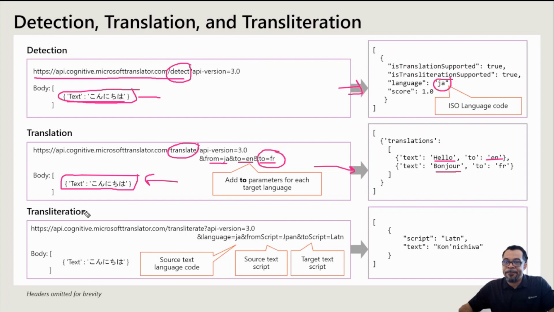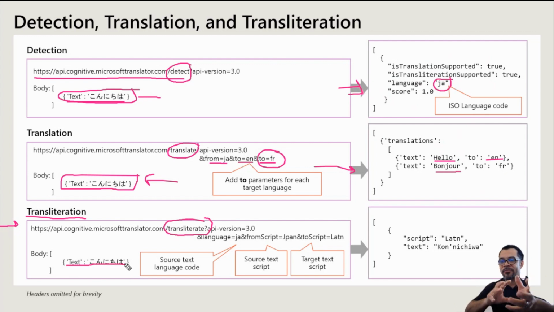In our last example, we're going to look at transliteration. Notice we're making a REST call here, and we're going to use transliterate in this case. Here's the text. Remember, with transliteration, we're literally just converting the text from one form to another.